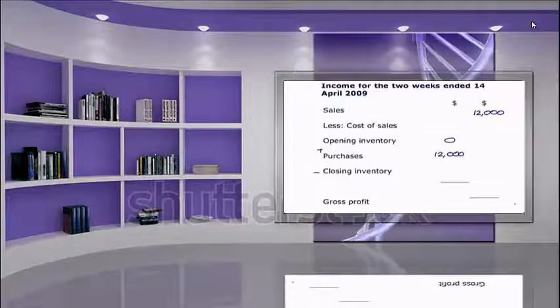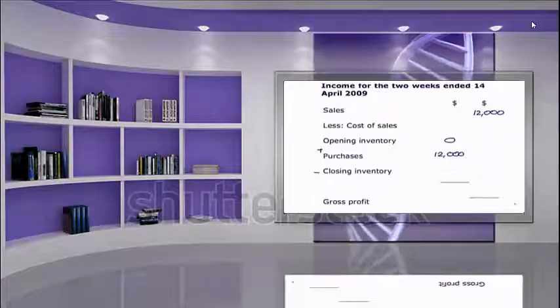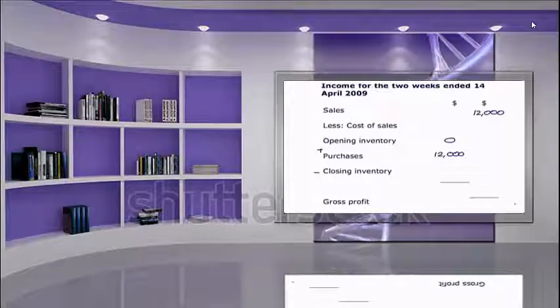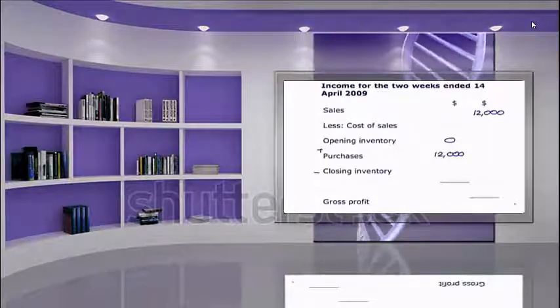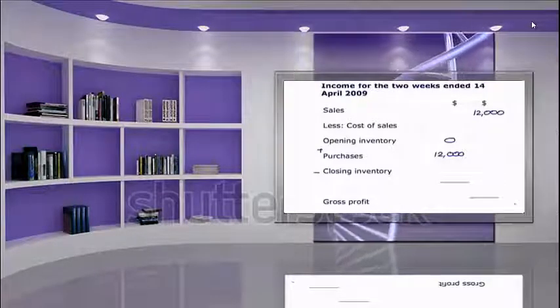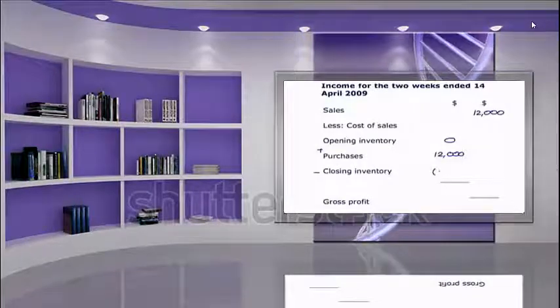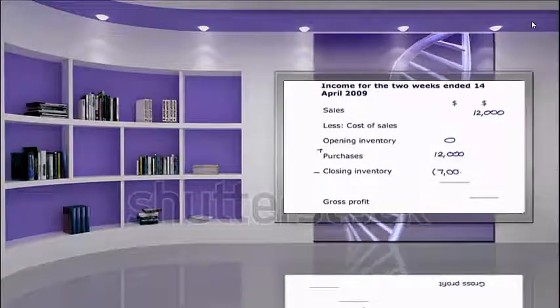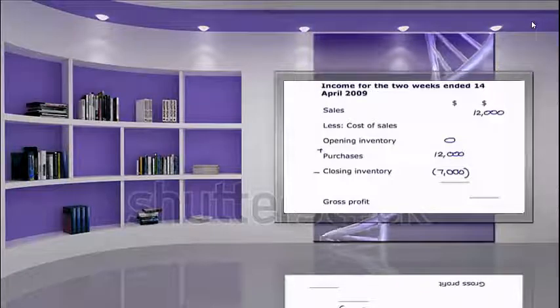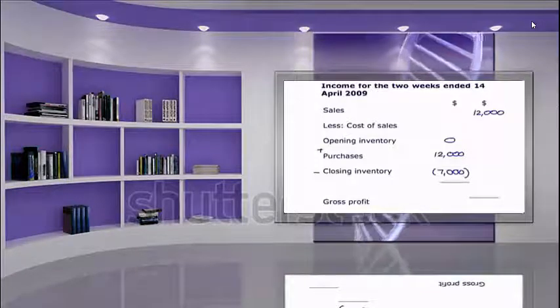So, find your closing inventory journal at the foot of your trial balance, tick off the credit, the reduction in cost of sales, and minus $7,000 from purchases in your statement of comprehensive income.